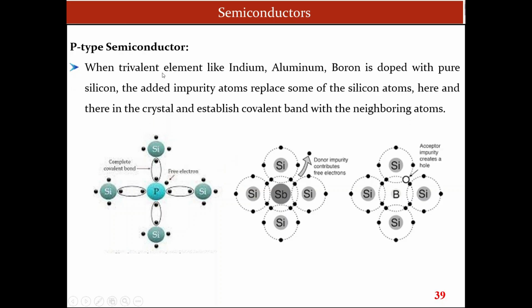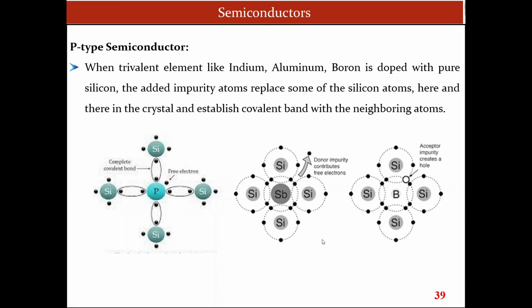When a trivalent element like indium, aluminum, or boron is doped with pure silicon, the added impurity atoms replace some of the silicon atoms, and we get majority carriers that are holes and minority carriers that are electrons.